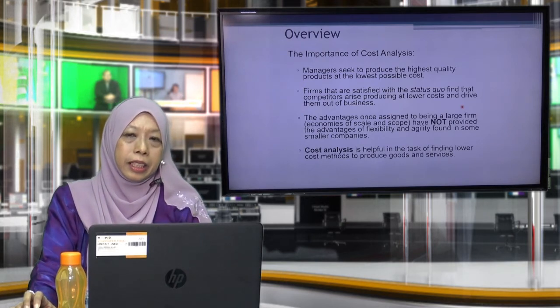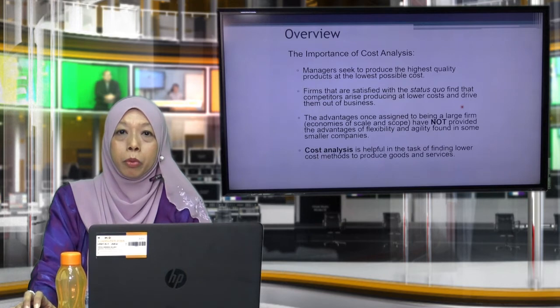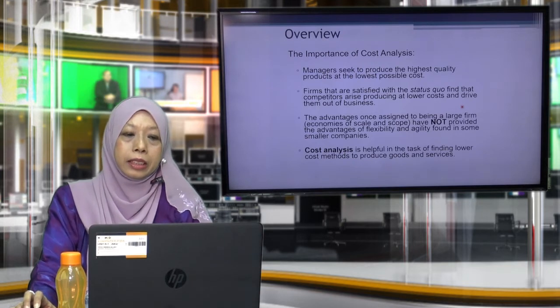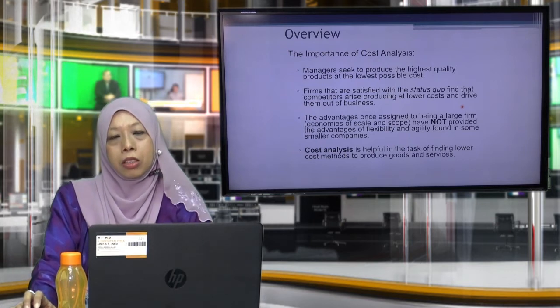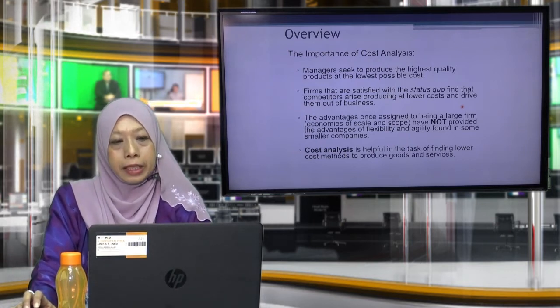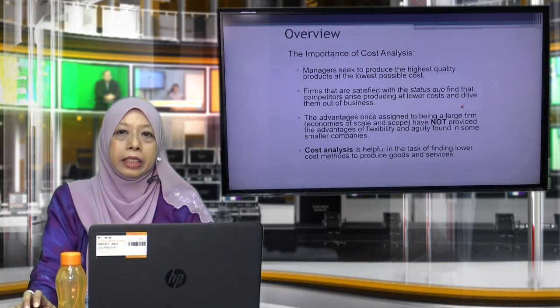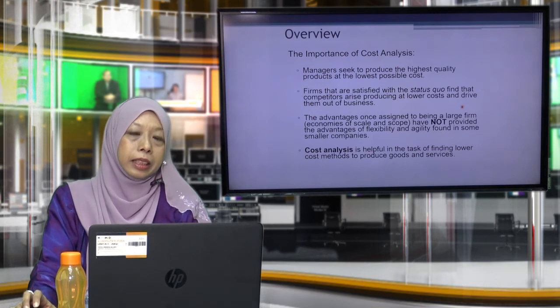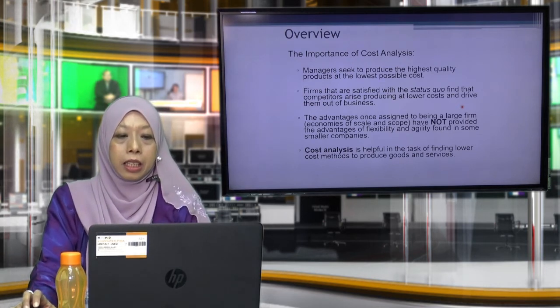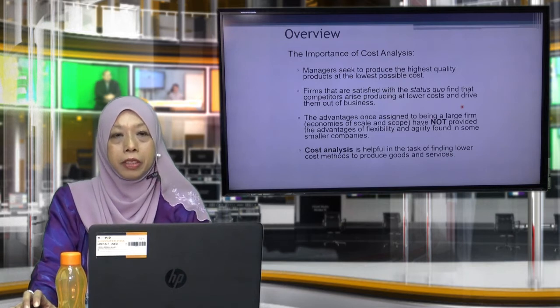If firms are satisfied with whatever they have, they're going to find out that one day competitors will arise and produce at a much lower cost, and this will drive the firms out of business. So to remain competitive in the market, managers need to find the lowest possible method to produce their product, or else competitors will come into the market and drive them out of business.